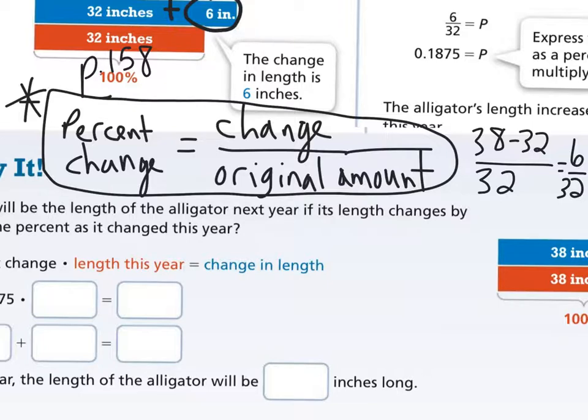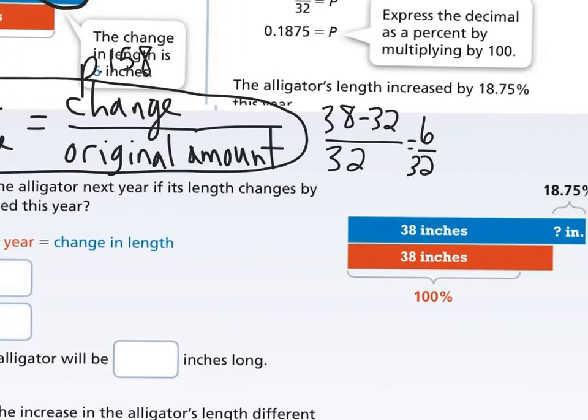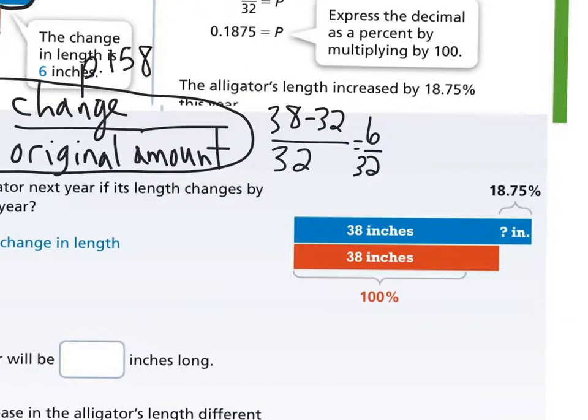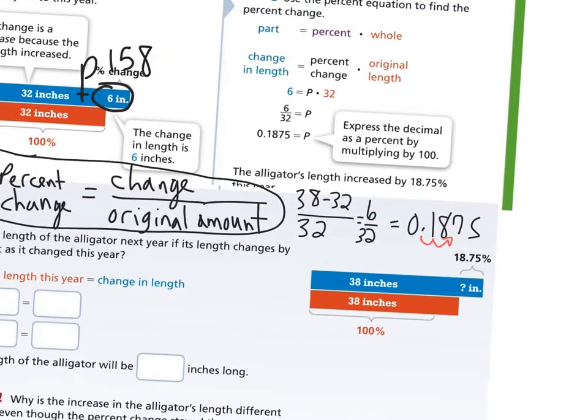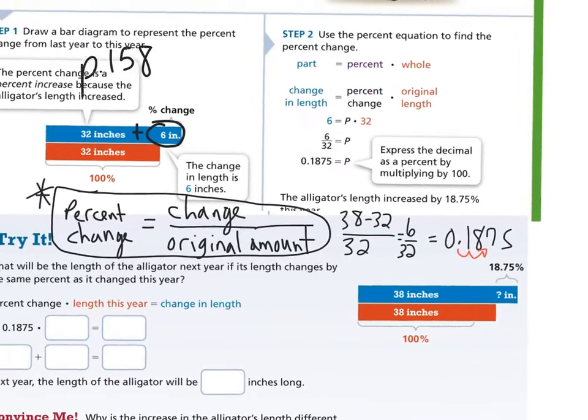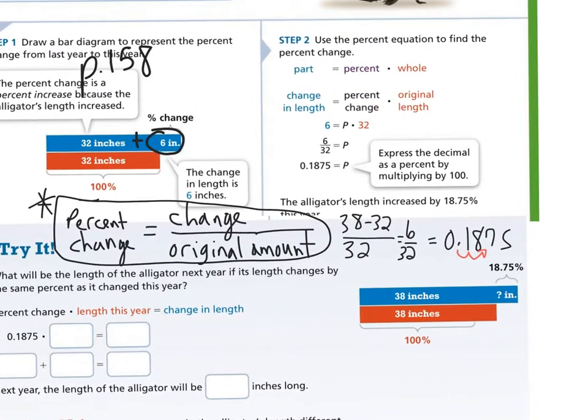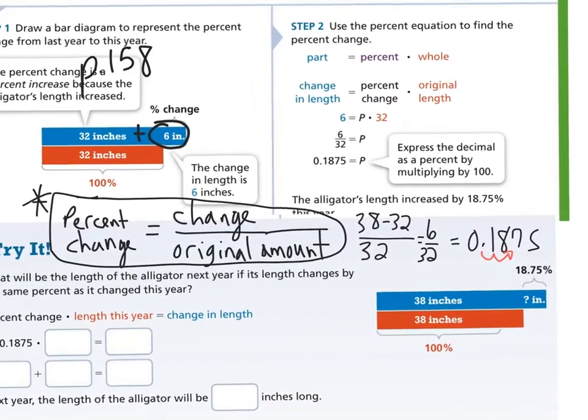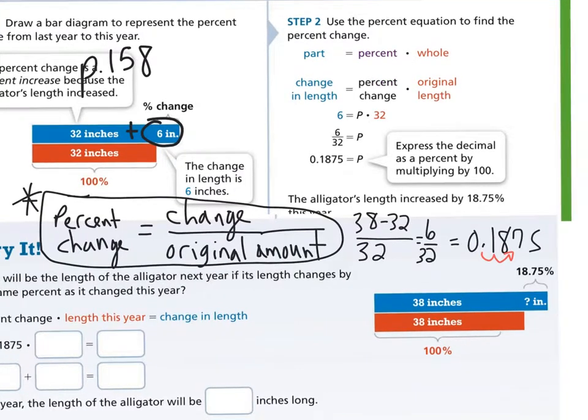Okay, so if you do 6 over 32, means 6 divided by 32, and that will be 0.1875. And then move your decimal 2 spots to the right would be 18.75%. And again, the book got the same answer. It's just a different way of doing it. So however you want to work that out is fine.